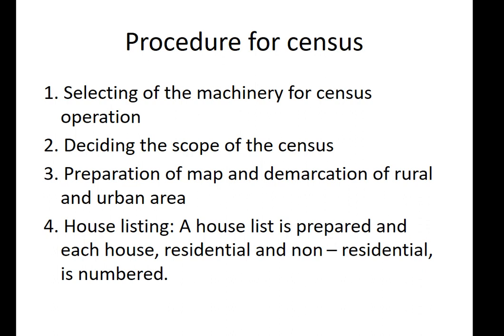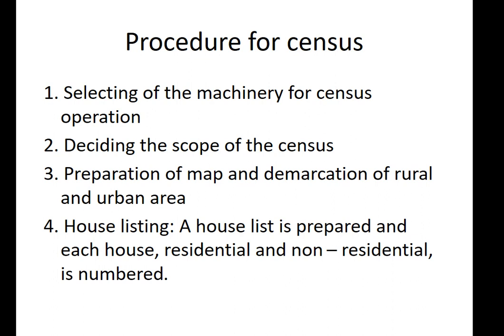Now let's look at the procedure for census. The procedure consists of 10 steps, and it starts with selecting the machinery for census operation. For the census operation, we have machinery which includes both human and non-human elements.